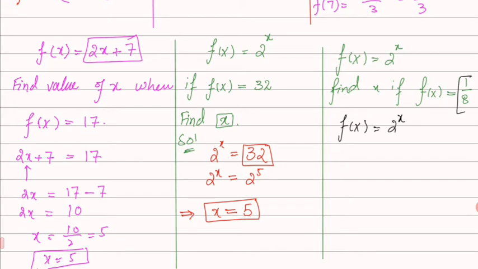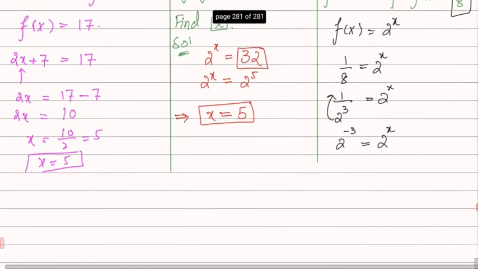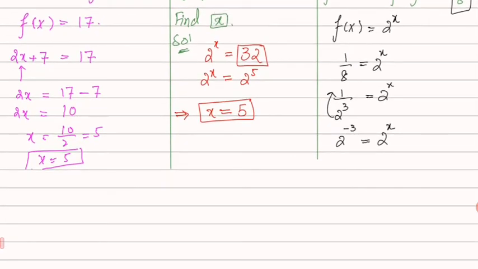Now what is the function value given? The function value is 1 by 8, so we put 1 over 8 is equal to 2 power x. Now 8 can be expressed as 2 cube, so 1 over 2 cube we can take to the numerator, that will make it 2 raised to the power minus 3, that is equal to 2 raised to the power x. So now on both sides the bases are same. This implies that x is minus 3.